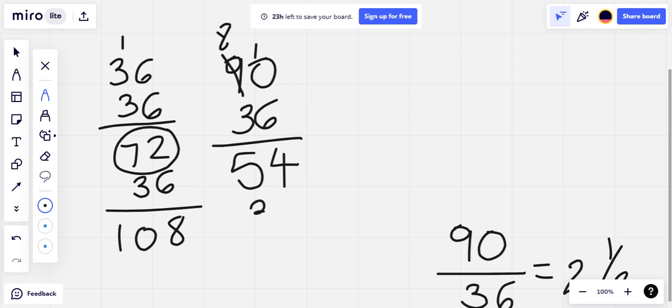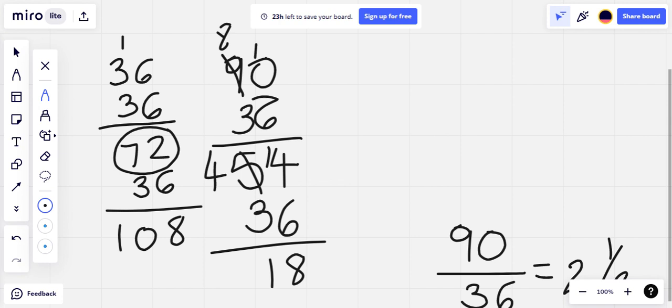So we're going to subtract 36 from that 54, which is left. Let's see. So we have 4 right there, and 6 from 14, and that gives us 8, and 3 from 4 is 1. So we have 18 that is left. All right, 18.